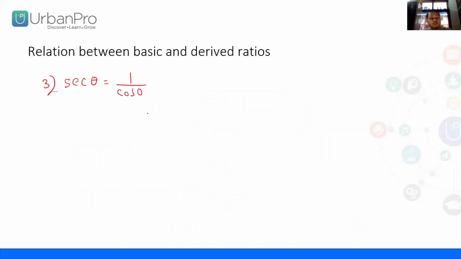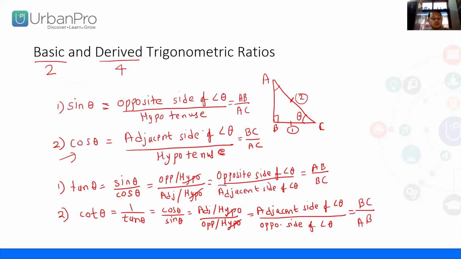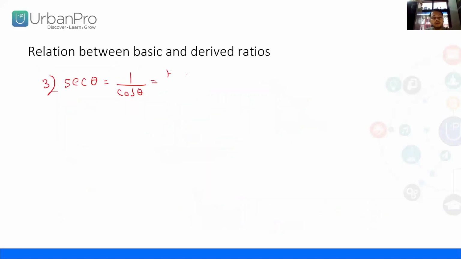The formula for cos theta was the adjacent side of angle theta upon hypotenuse. So the inverse of it will be hypotenuse upon the adjacent side of angle theta. I will draw that triangle again over here.